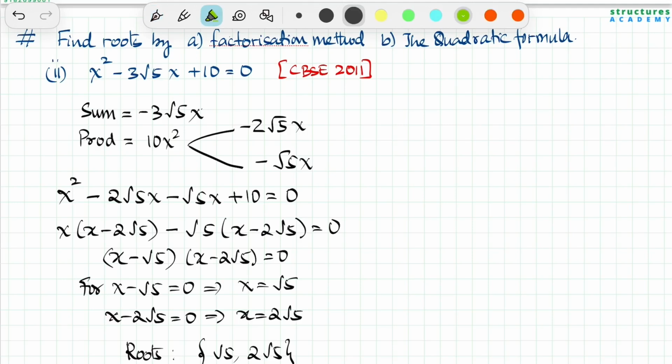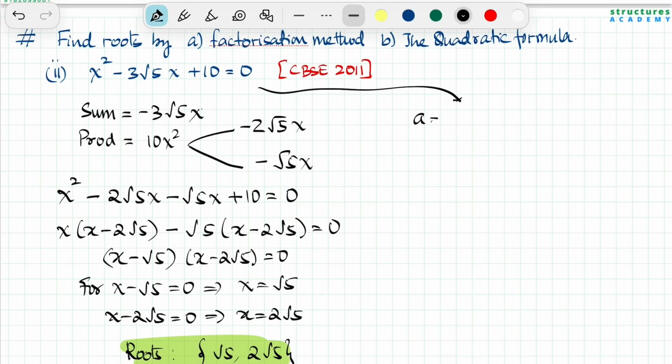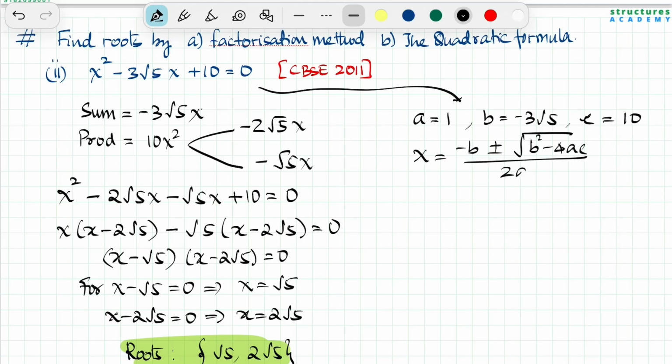Now what we are going to do is use the quadratic formula. So from this we can see that a is equal to 1, b is negative 3 root 5 and c is plus 10. X we know is minus b plus or minus under root b square minus 4ac whole divided by twice a.